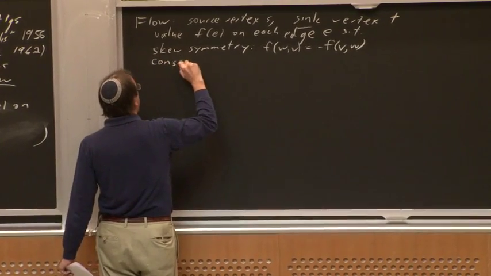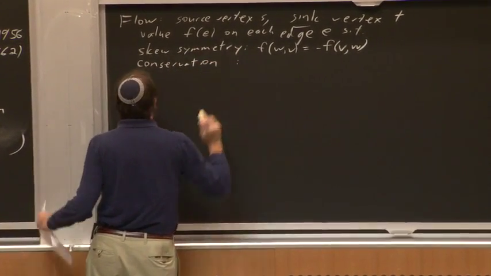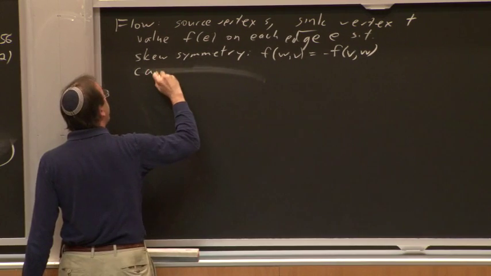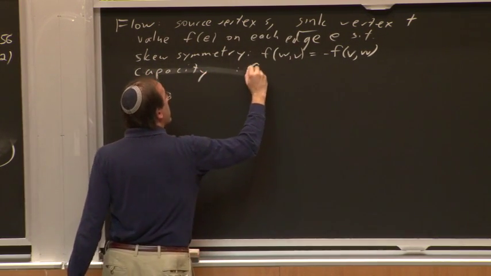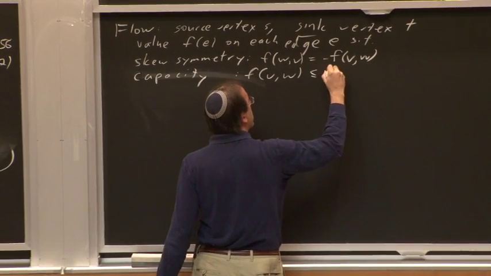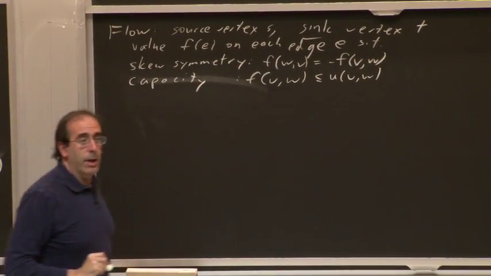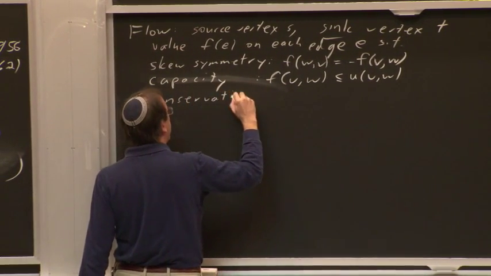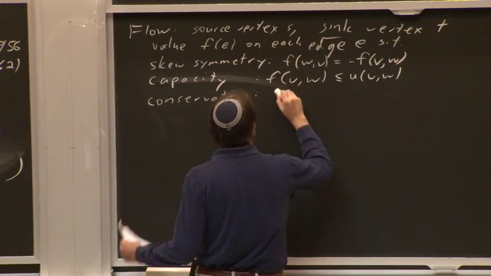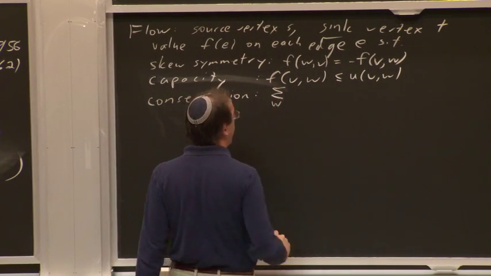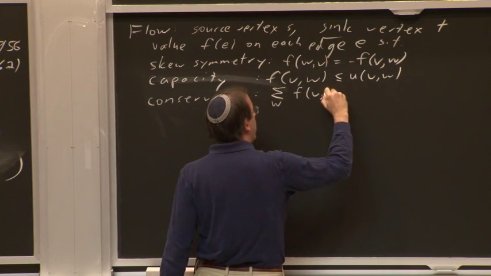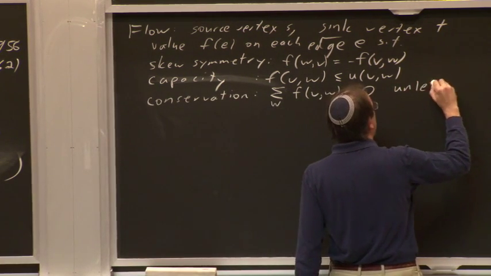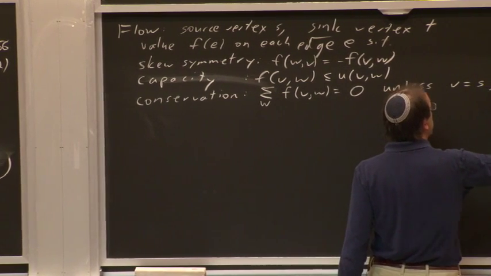The next important criterion, which is satisfied by flows, let's save that one for last because it's the hardest, is capacity, which simply says that the flow from V to W is less than or equal to the capacity of the edge connecting V to W. Finally, we have what's called conservation, which says that the sum over all of the neighbors of a vertex V of the flow from V to those neighbors is equal to 0, unless the vertex V that we're talking about is the source or the sink.